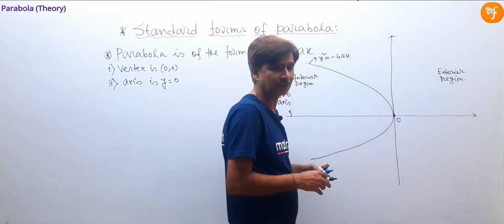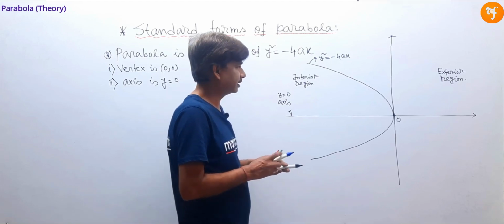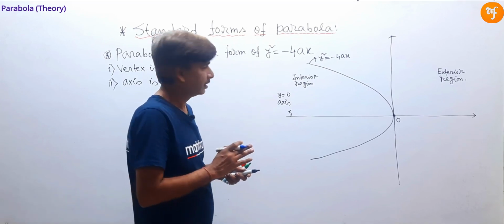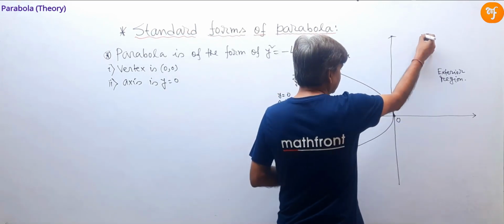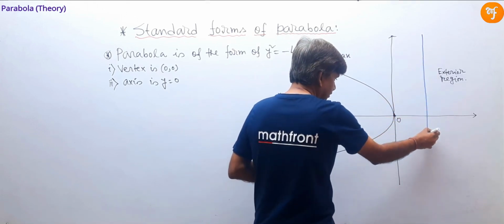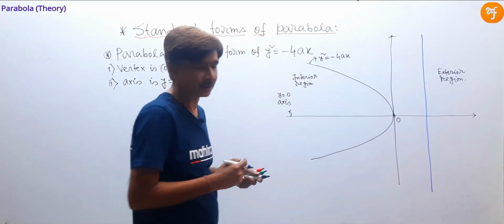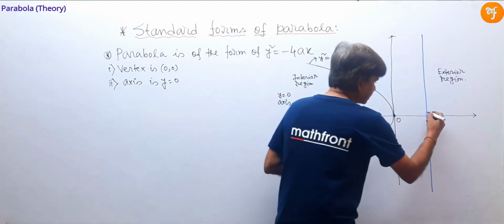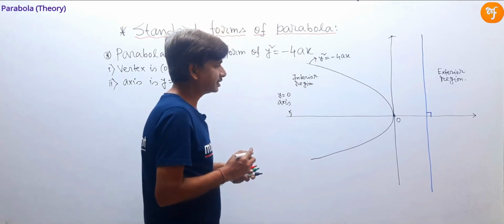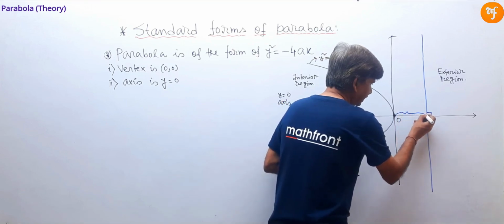Okay. Now come to the directrix of the parabola. Definitely, as we already learned, the directrix lies at the outside of the parabola. So considering this is the directrix, and the directrix is perpendicular to the axis. And you know very well the distance of the directrix from the vertex is equal to a.